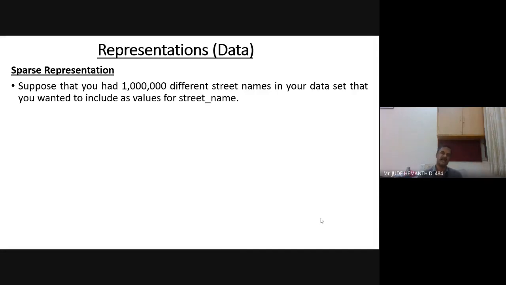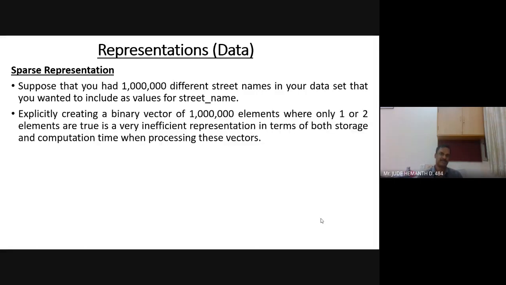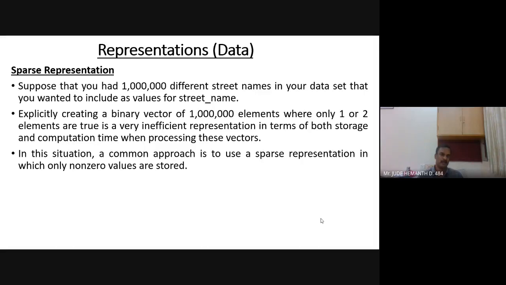So there is another method, the third method, which is called sparse representation. The same concept of one-hot encoding is represented in a simple way. How do we do that? You create a binary vector of 1 lakh elements, but only the non-zero value alone will be stored in that matrix. All other things will be left out.